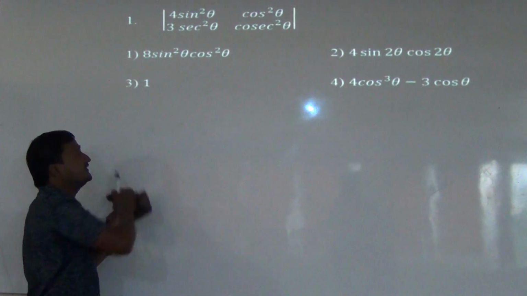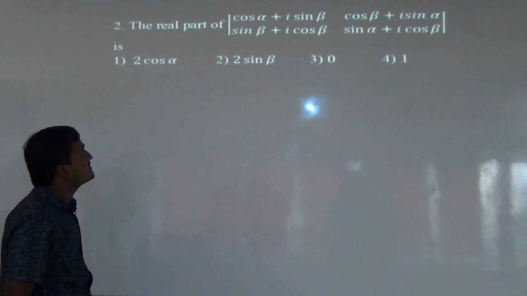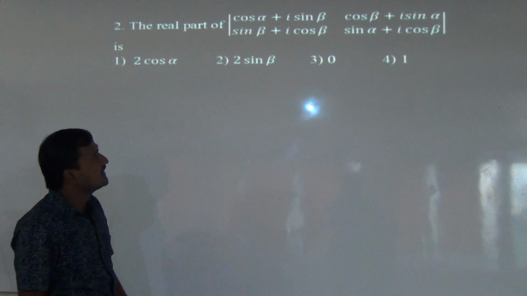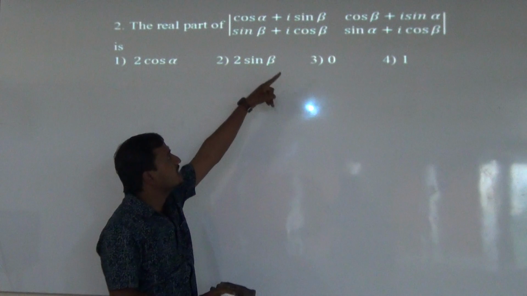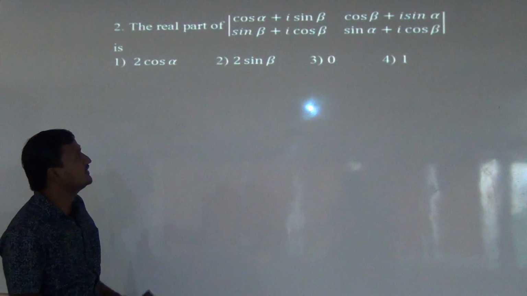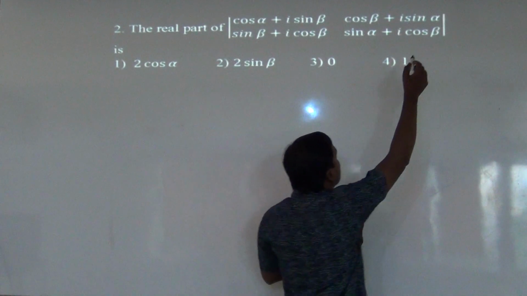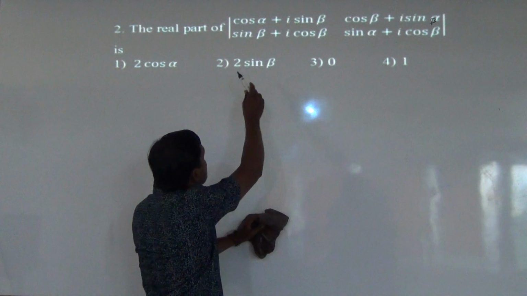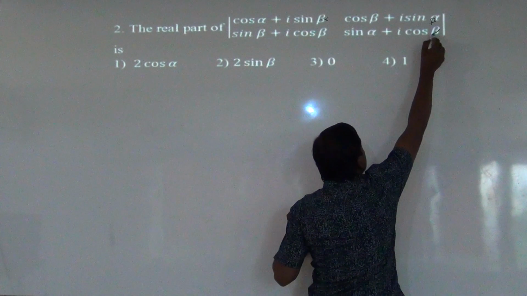The second question is this one. Here it is cos alpha plus i sin alpha, sin beta plus i cos beta, cos beta plus i sin beta, and sin alpha plus i cos alpha. Here you have to make the correction: it is sin beta, cos alpha, and this is also alpha.